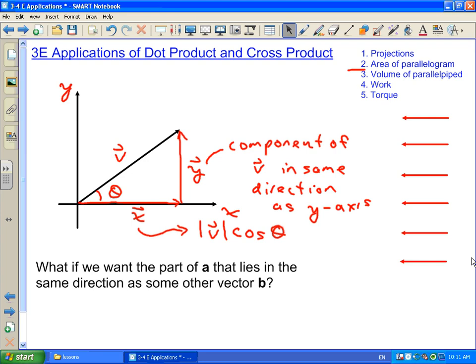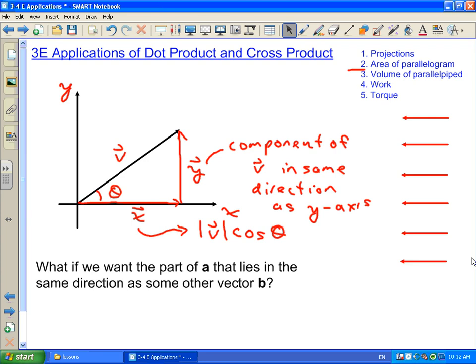And this is what projections let us do. It's like taking the component of a vector, but instead of taking the component that's along the x-axis and the y-axis, it's the component of the vector that is going in the same direction as some other vector. Okay, so we can do this. We can find the component relative to any vector that we want.